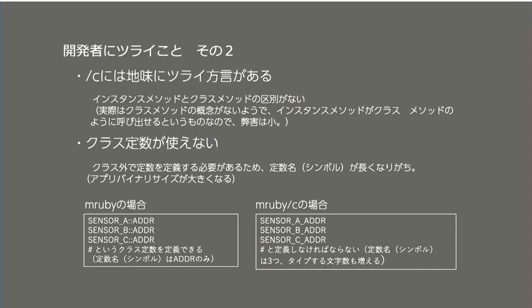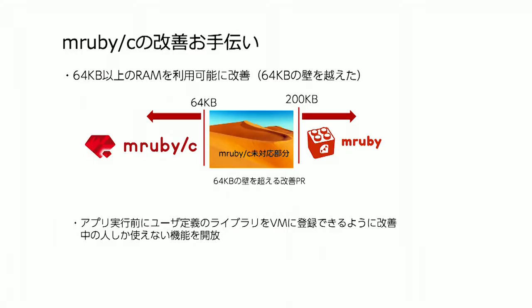So if you are accustomed to Ruby, this is different, and there's no possibility of using class constant. On the left-hand side is mruby, which is very agreeable with Ruby. This is indicating the address, and in the case of mruby/c, you have to do it one by one. So this is a difference between mruby and mruby/c.